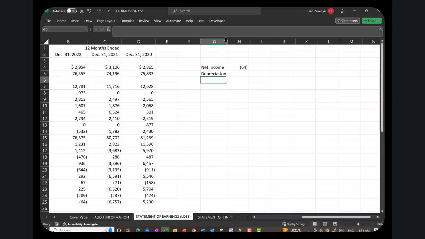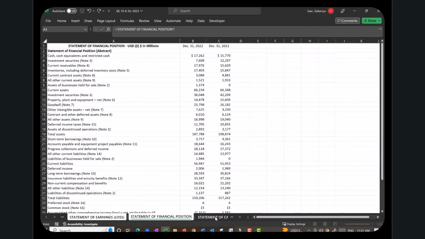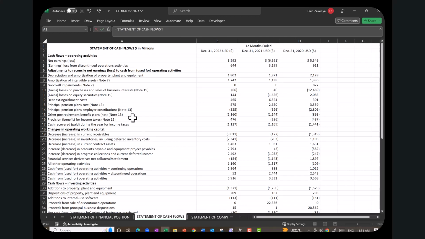Depreciation and stuff, that you're going to find in the statement of cash flows. Depreciation, amortization, what have you. And they also have amortization of intangible assets.